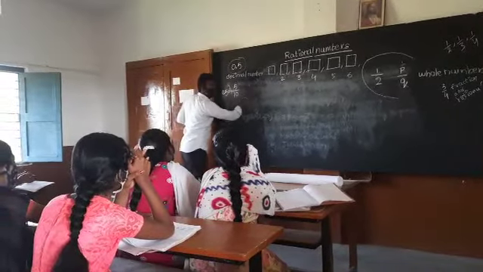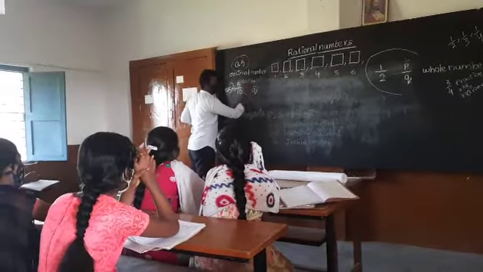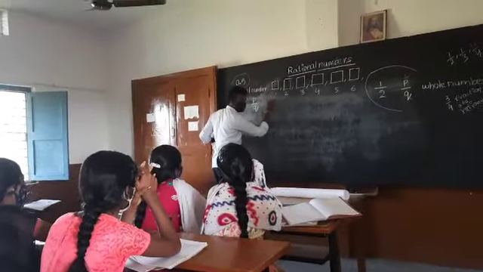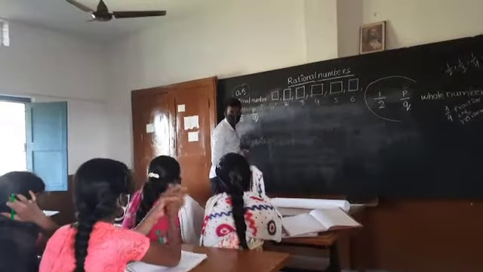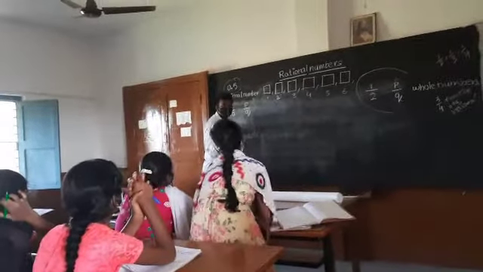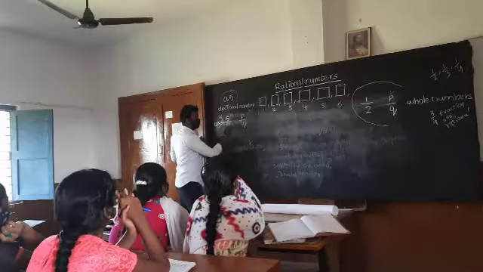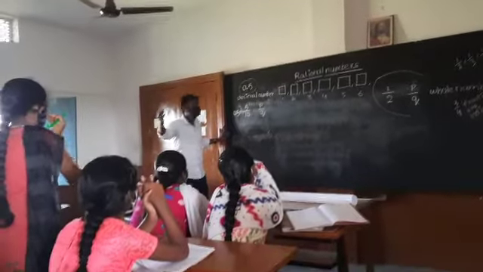Now this looks like the form of P by Q. This P is nothing but 5. Is 5 an integer? Very good. 5 is an integer. Is 10 an integer? Yes.